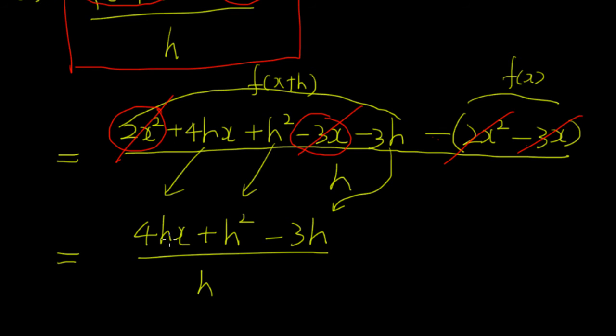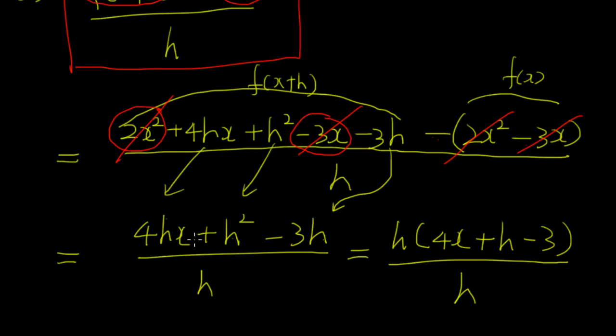Notice that we have h here, here, and here, so why don't we factor out the h? Then this would be 4x plus 2h minus 3, over h. We factor out one h from the h squared, and then we have h minus 3h.